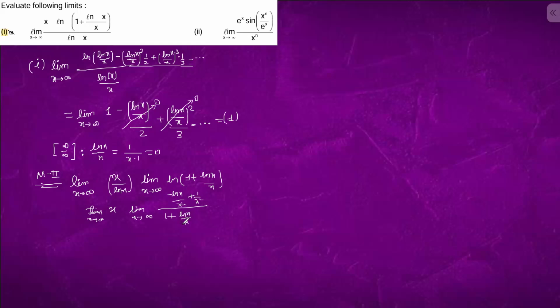So ln x / x is 0, and x tending to infinity is 0. So it will come out to be 0 into infinity. So we'll go again. We will have minus ln x / x plus 1 by x. X tending to infinity, it is 0. When we put x tending to infinity, infinity by infinity, which is 1 by x, which is 0.